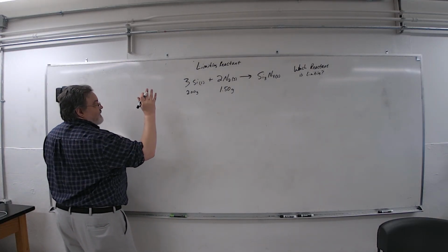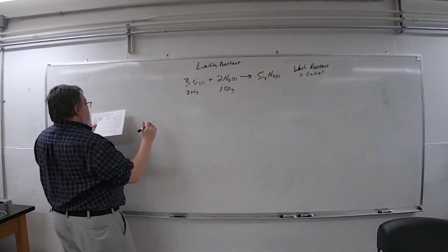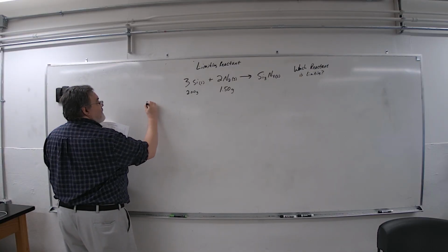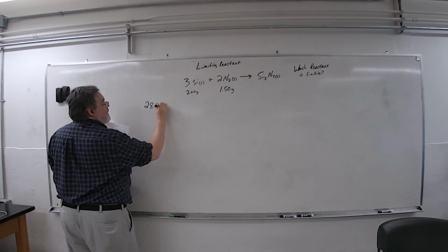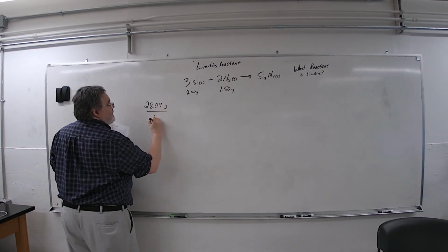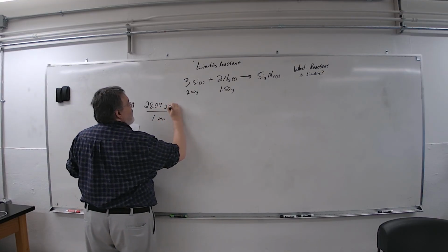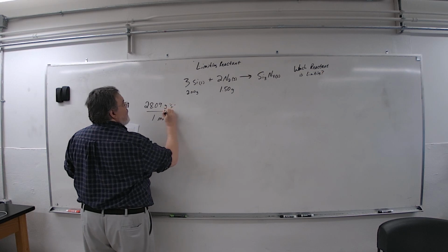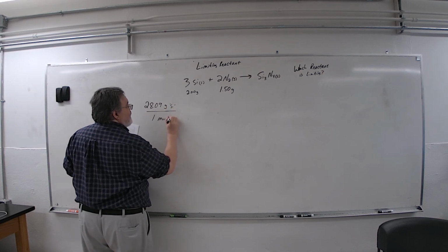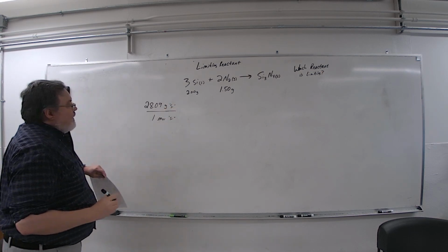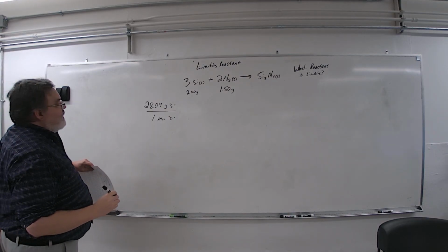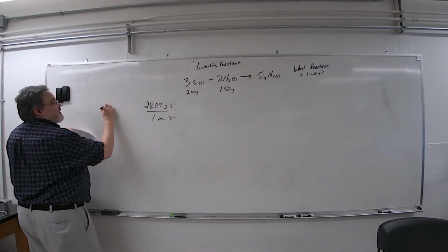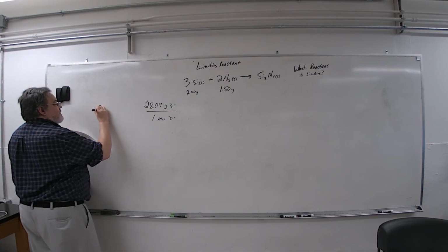So I'm just going to go with silicon. Silicon is 28.09 grams, 1 mole. I did that wrong. You want to start with the grams you're given.